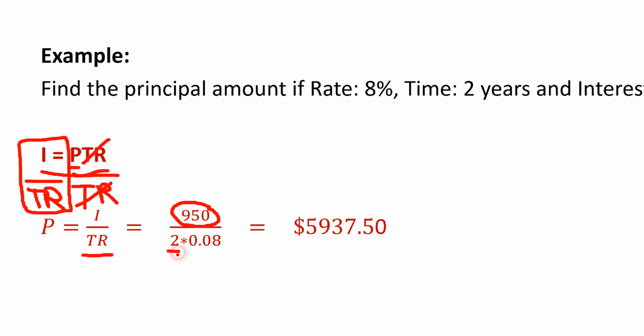And the time is already in years, so we don't really need to convert this, but this we do, right? So the percentage is given, of course, in percentage, the rate, so we will have to convert this into decimal, and of course moving the point 2 decimal places, right? So it becomes 0.08. Here we have it, and now we simply do the calculation. So 5937 is the answer in here.